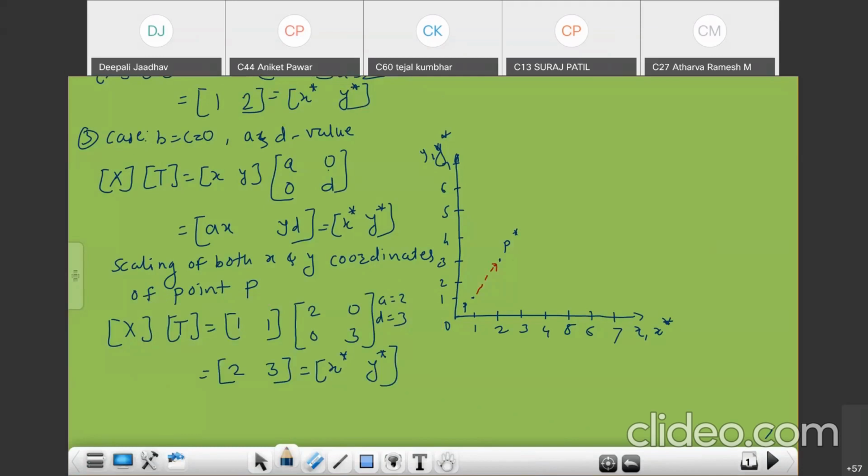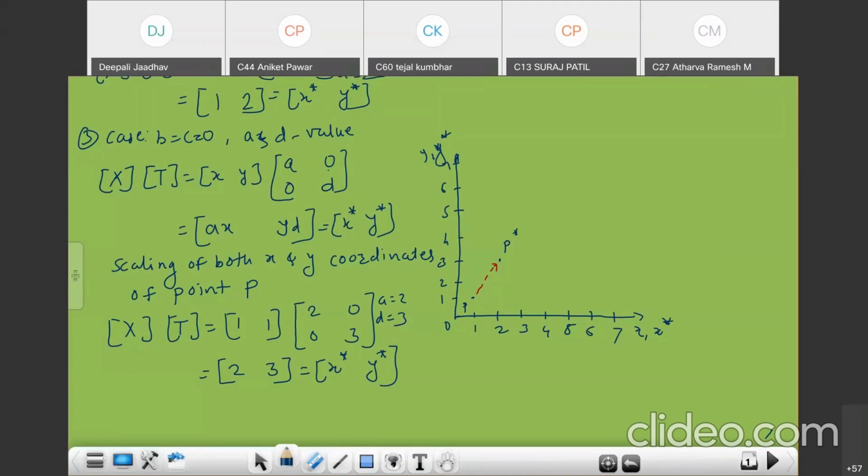Okay. So now see here in these scaling factors, for A and D we have given some value and the off-diagonal points are 0. It is a point, and that's why scaling, meaning enlargement, is not possible to see. But if it is any other object than a point, such as a line, triangle, rectangle or square, the values of A and D show the enlargement, compression, or any kind of scaling.